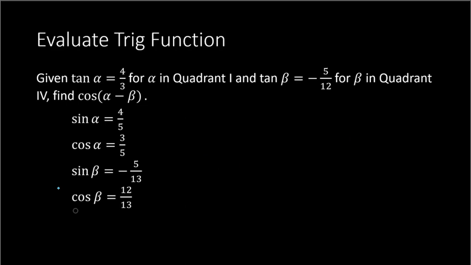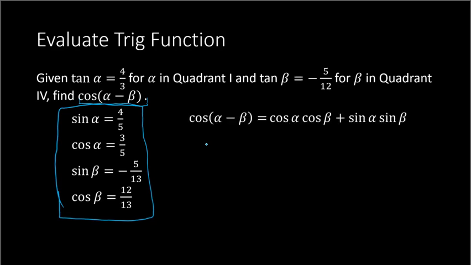And now from here, we see that information typed up, and now we can use the cosine of alpha minus beta identity to determine what that is equal to. So we can use our identity that says cosine of a minus b would equal cosine of a times cosine b plus sine of a times sine of b. And then in place of a and b, or alpha and beta, same thing, you can plug in what we figured out.